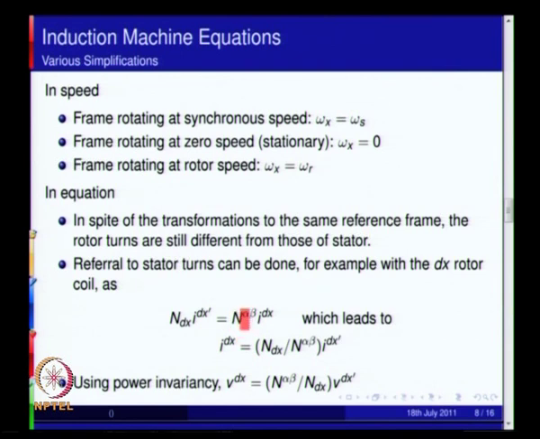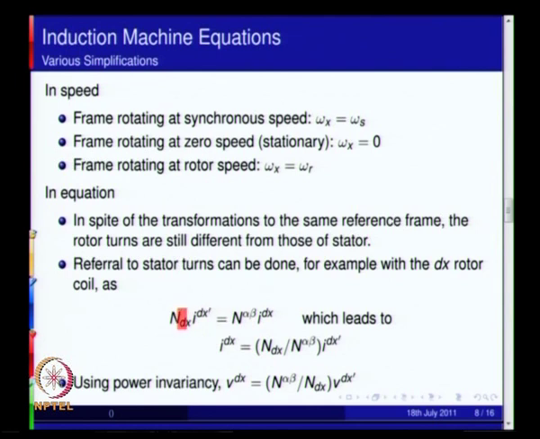So n alpha beta is the number of turns of the rotor coil in the alpha beta reference frame, multiplied by I dx, which is the current flowing through the d axis coil dx, that is in the arbitrary reference frame. The alpha beta reference frame number of turns to the stationary reference frame number of turns to the arbitrary reference frame number of turns, there is no change. So this still remains the same.